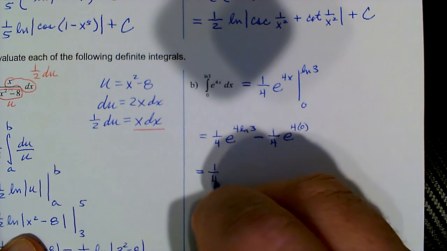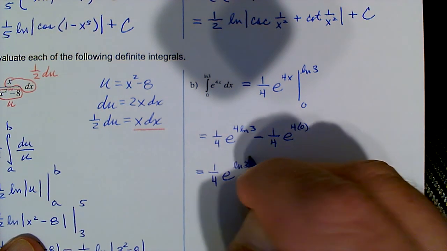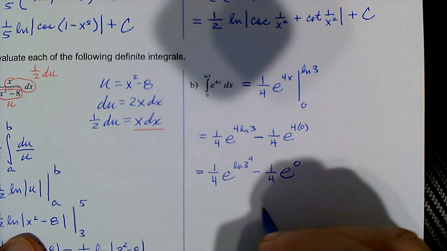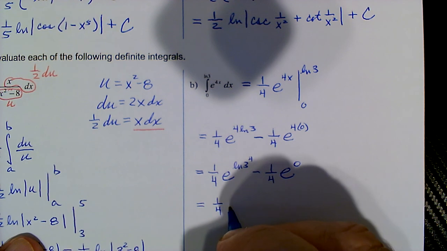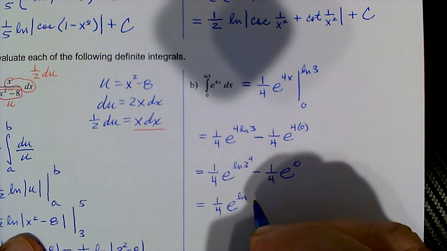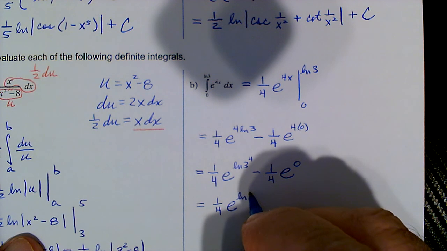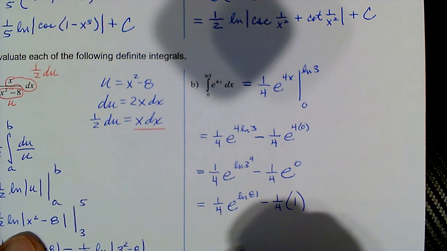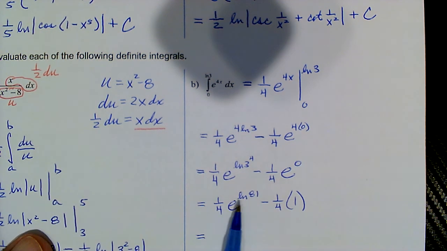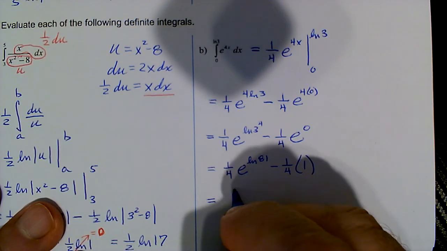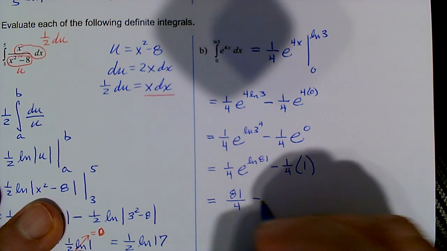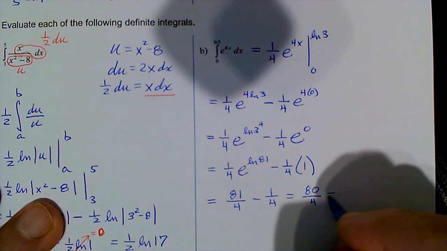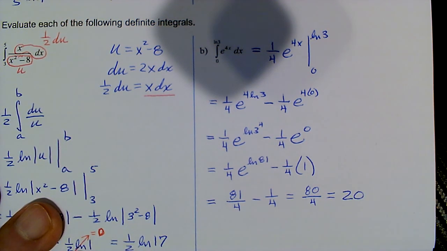and rewrite this as 1/4 e to the natural log of 3 to the 4th power, and then minus 1/4, this would be e to the 0, and that would give us e to the natural log of 3 to the 4th is 81, minus 1/4 e to the 0 is 1, and then by the inverse property, e to the natural log of 81 is 81, so we get 81 over 4 minus 1/4, or 80 over 4, which simplifies nicely to give us 20.